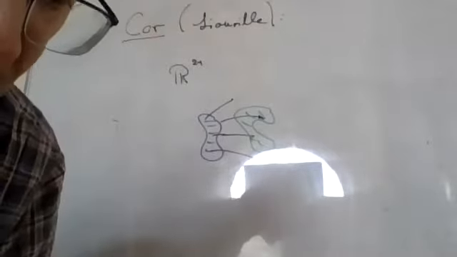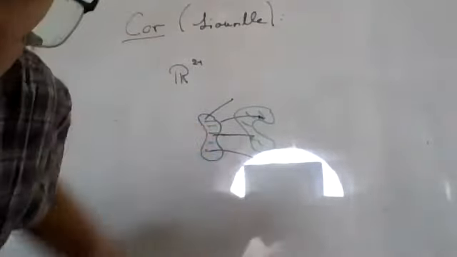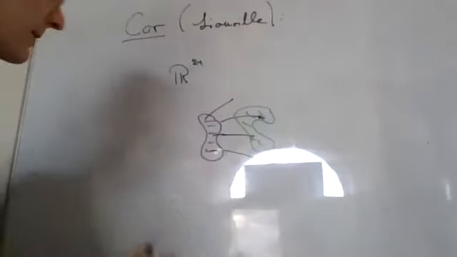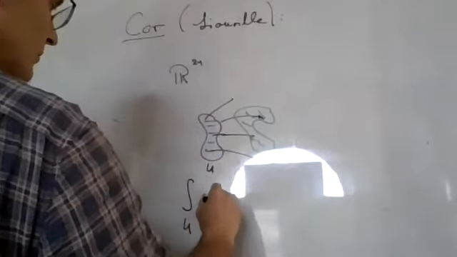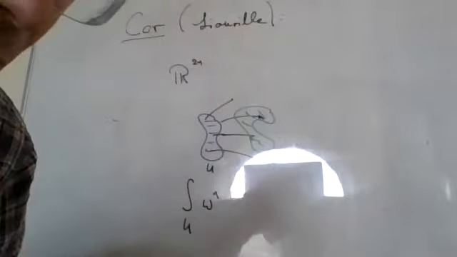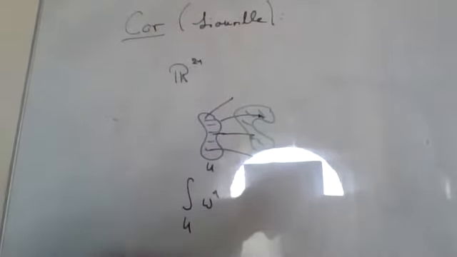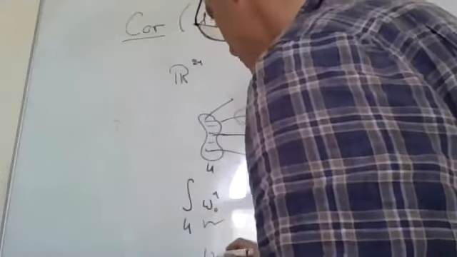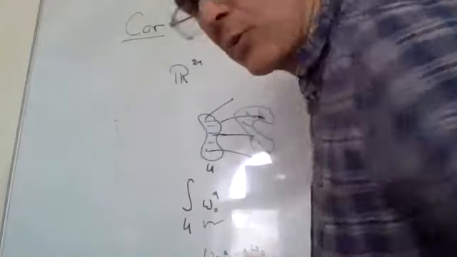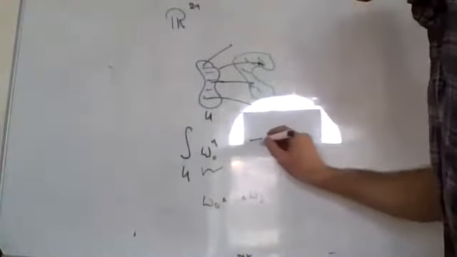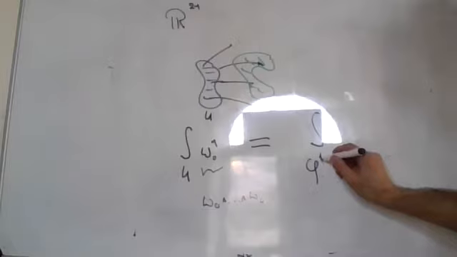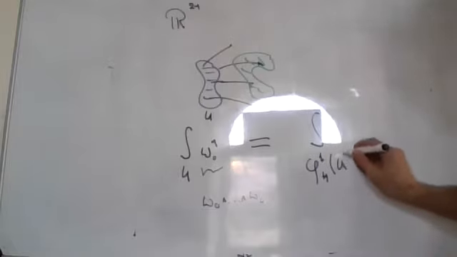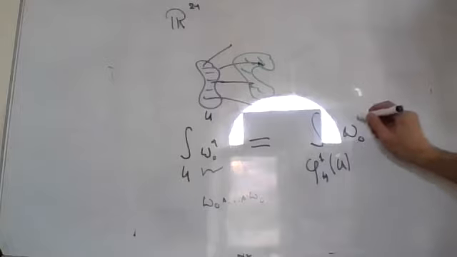But Liouville's theorem says that one thing you know is that the volumes are the same. The integral over this domain U of omega to the n, which is just up to a dimension constant the usual Euclidean volume in R2n, is the same as the integral over phi_t^H of U of omega_0, for every t.